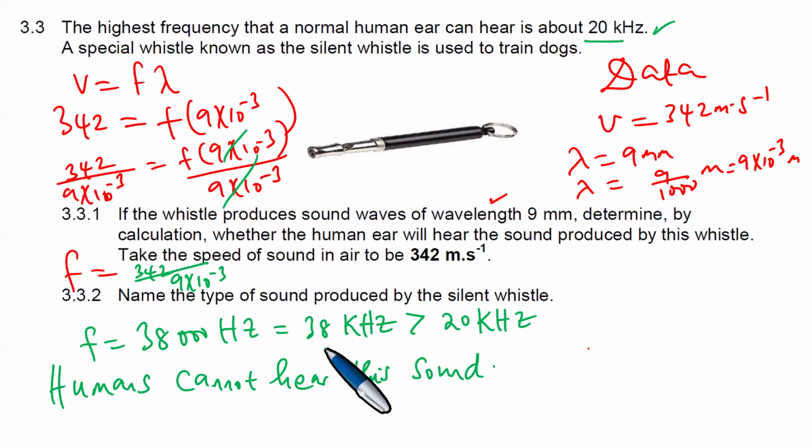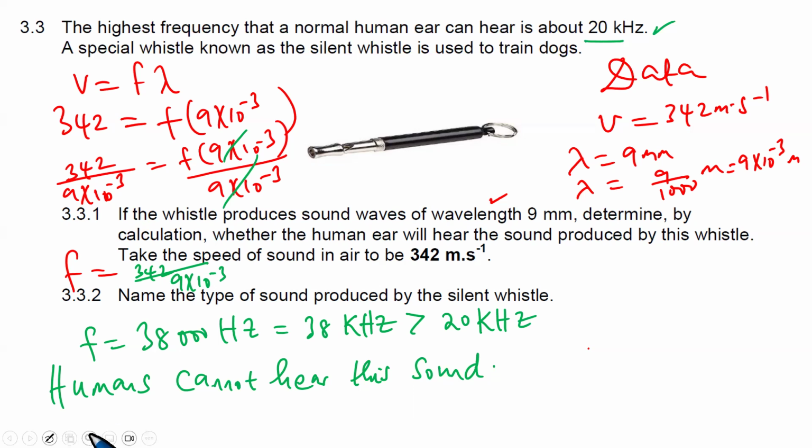This one is 38 kilohertz because 1,000 is kilo. So 38,000 hertz is 38 kilohertz, and 38 is bigger than 20, so humans cannot hear this kind of sound. Next question.